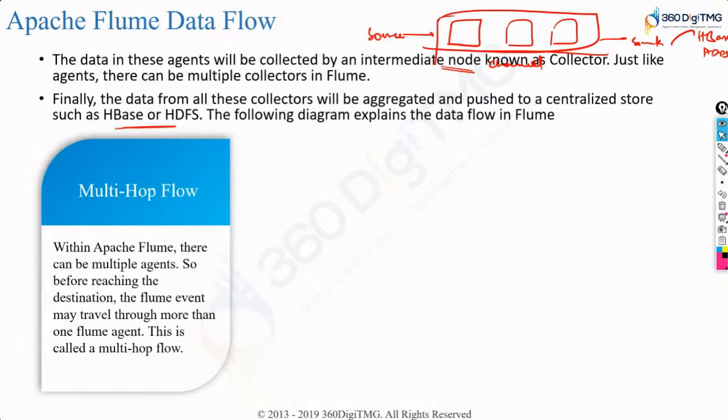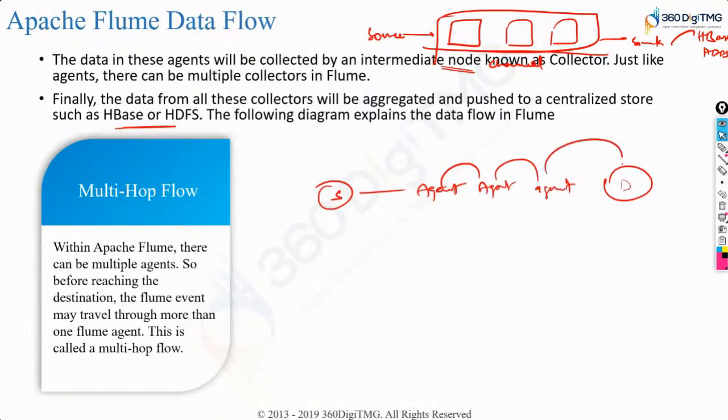Multi-hop basically means the data is hopping between multiple agents within Flume. We have multiple agents, right? So let's say this is the source, here you have the Flume agent, and this is your destination. Your data may be hopping between agents before it goes from source to destination.